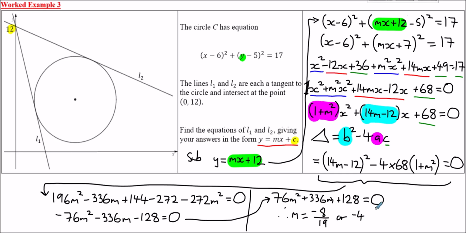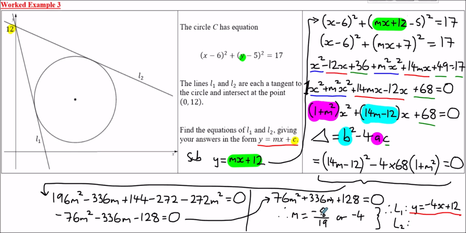So using this, we know that L1, which is the steeper of these tangents, L1 must be the one with a gradient of minus 4. So L1 must be y equals minus 4x plus 12. Whereas L2 is one which isn't quite as steep.